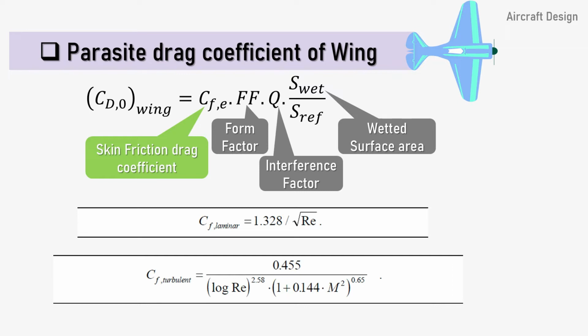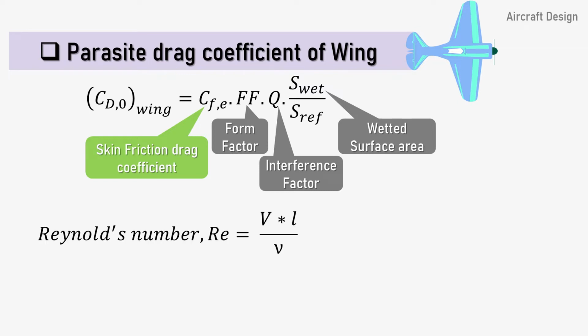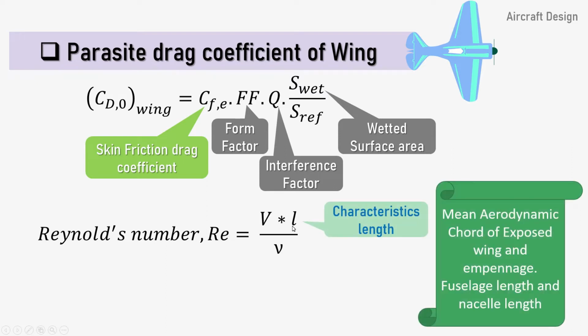To find the nature of the flow, you have to use this formula: Reynolds number equals velocity times characteristic length divided by the kinematic viscosity. In the case of wing and empennage, the characteristic length is the mean aerodynamic chord. Kinematic viscosity is a function of the aircraft's altitude. In my design, my flight will fly at an altitude of 13.5 km.